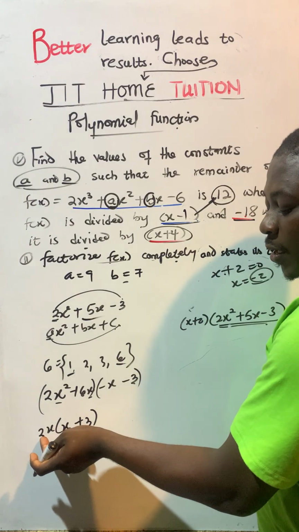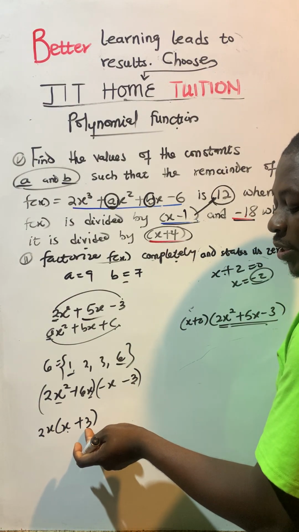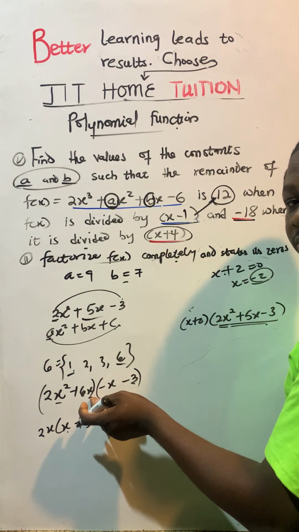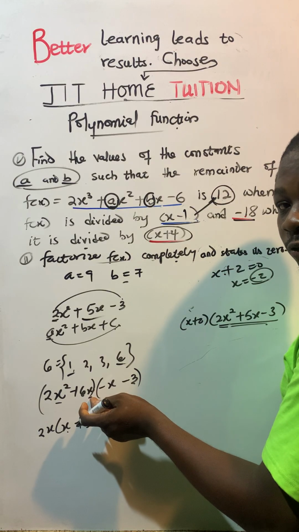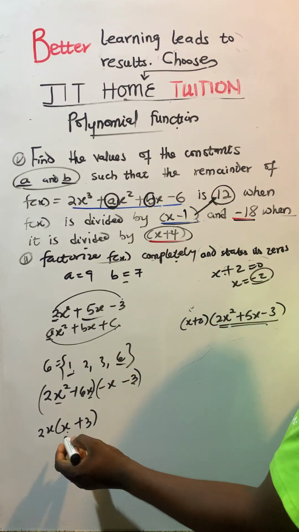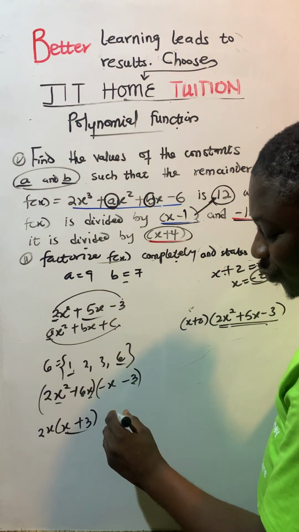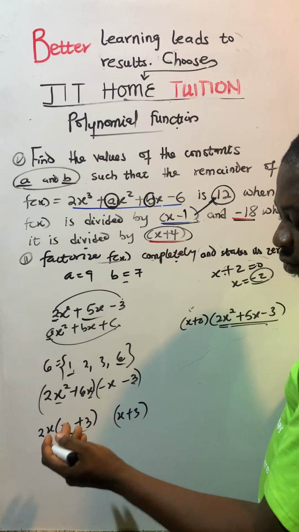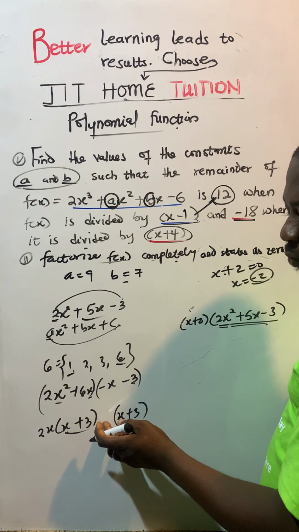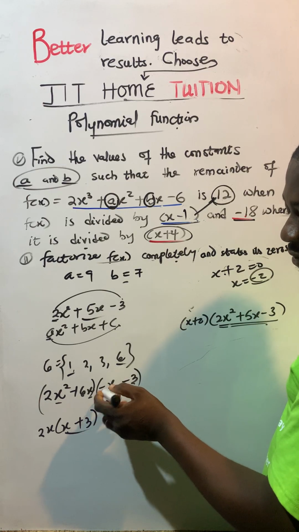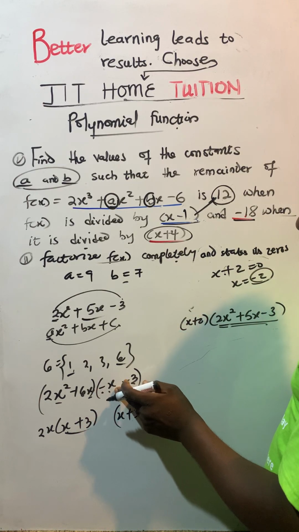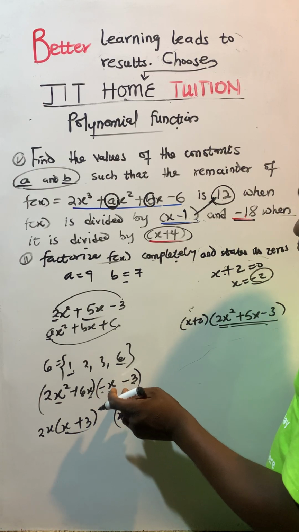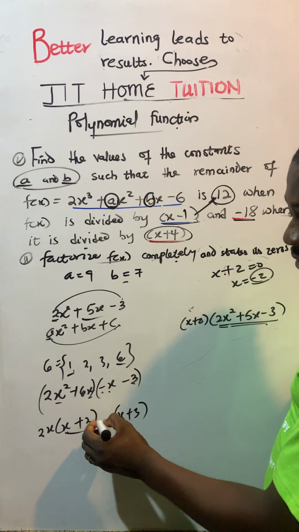Then 2x times 3 will give you 6x. Please, I hope you are following. Then this same thing, usually that's what I tell people, you have to repeat it here, x plus 3. Then you ask yourself, which number when you multiply by x will give you negative x, and the same number when you multiply by 3 gives you negative 3, which is negative 1.